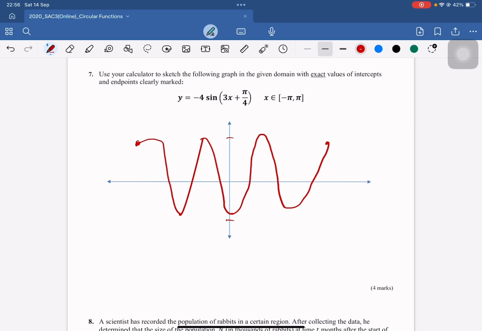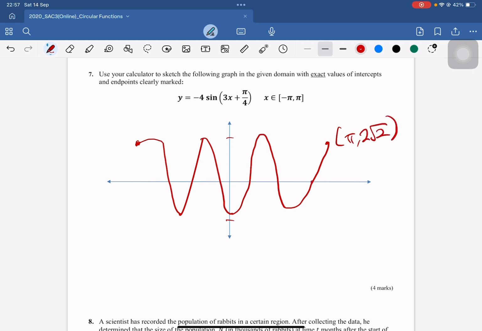Now we can tell that the graph has been translated left. And so you can use the equation here in order to find the intercepts by doing x equals 0 and y equals 0 and solving for x. The endpoint here is going to be pi over 2, root 2.